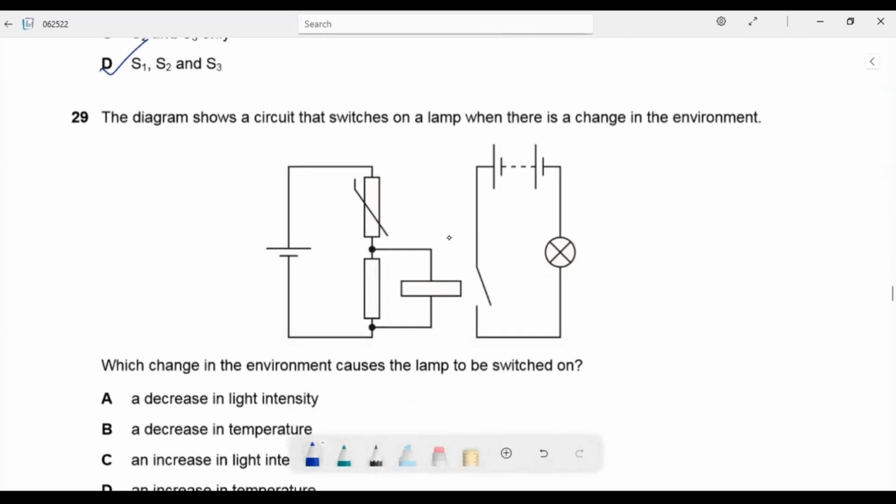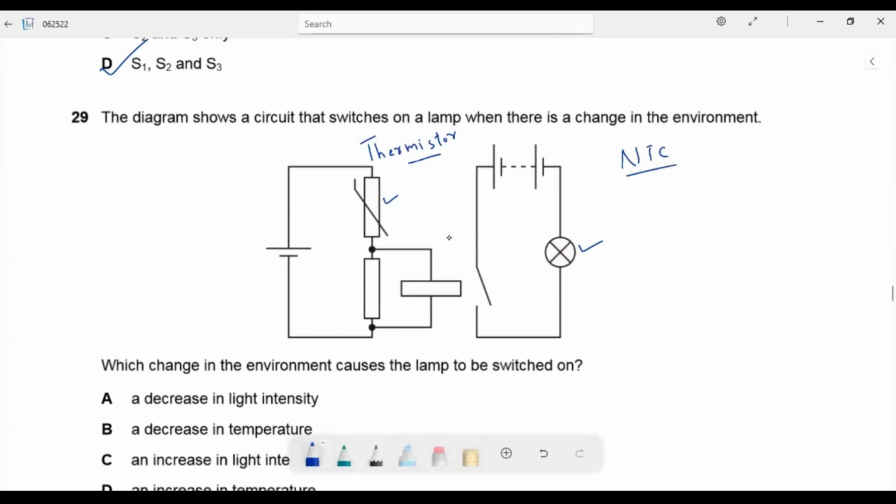Next, the diagram shows a circuit that switches a lamp on when there is a change in the environment. Which change in the environment causes the lamp to be switched on? Here we can see the symbol of a thermistor. This is the NTC, negative temperature coefficient thermistor.